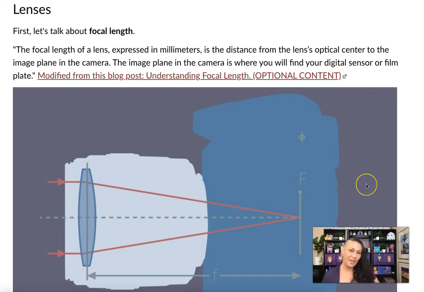All right, so first off, when we're talking about lenses, we are also talking about focal length. That's because the focal length of a lens, which is expressed in millimeters, is how we describe lenses.